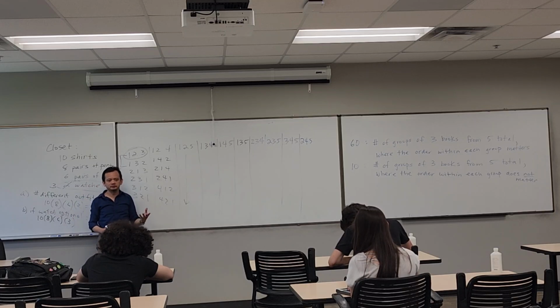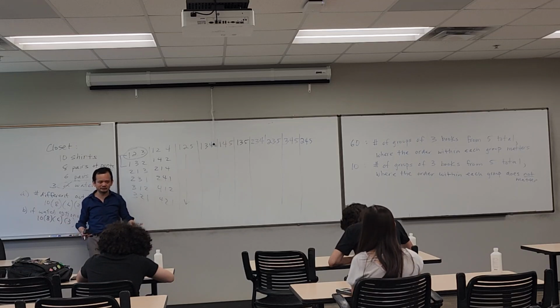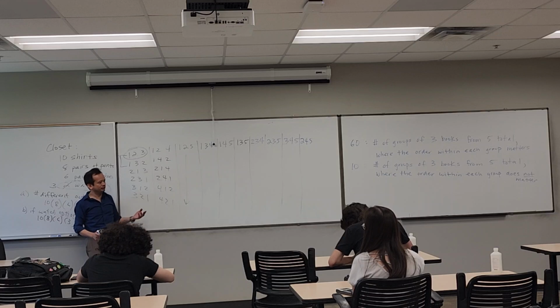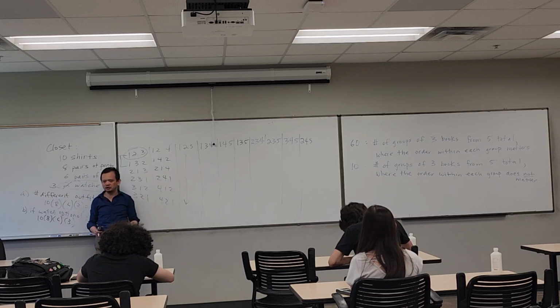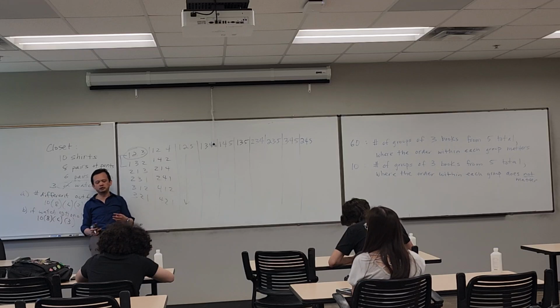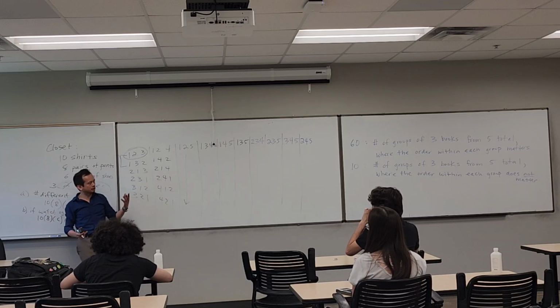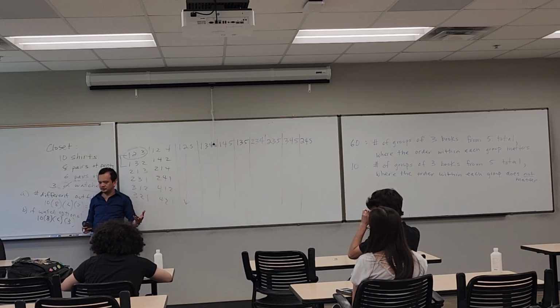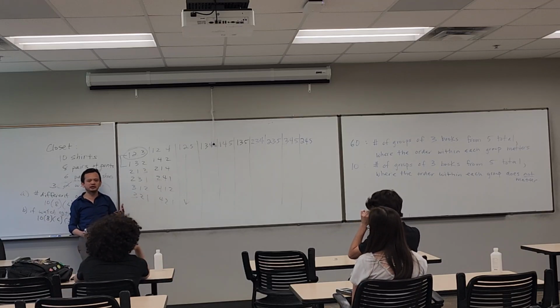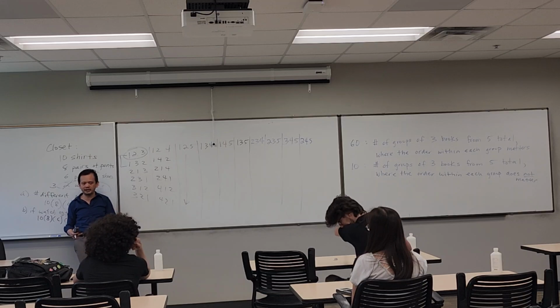But let's say I asked you, you have these 5 books and you want to select 3 books to put in your book bag to carry to a picnic, for example. If you carry these 3 books around, do you care about the specific order of the 3 books you carry, or do you only care about which 3 books you're carrying? It turns out that if you're carrying these books to a picnic, all you care about is which 3 books you have.